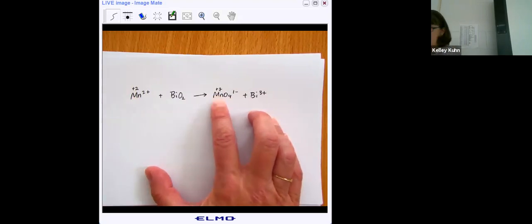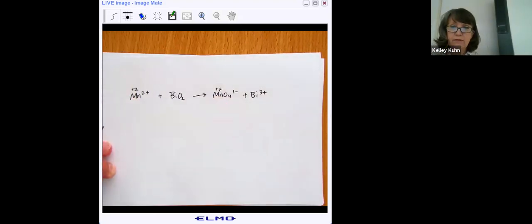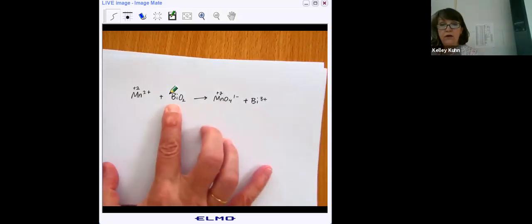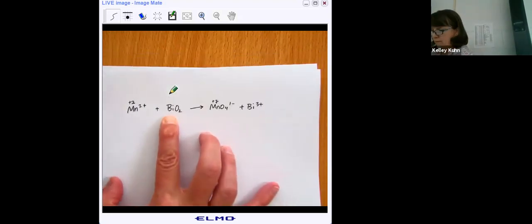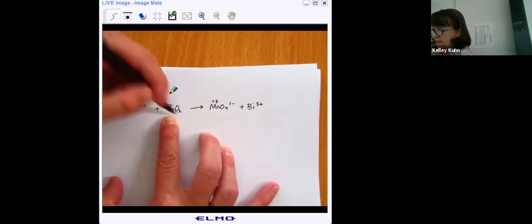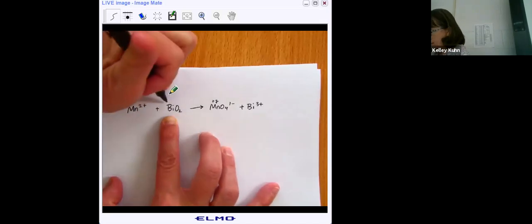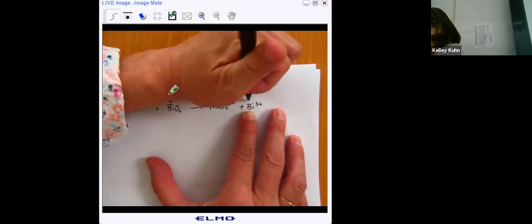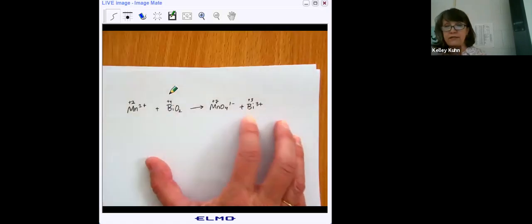Let's look at bismuth now. For bismuth, 2 oxygens would be -2 apiece, so -4. So this bismuth is +4. And then of course this bismuth is +3 because it's just an ion by itself.